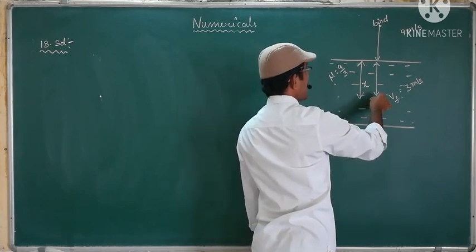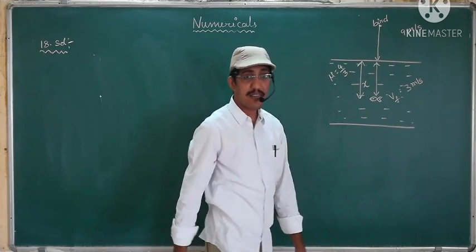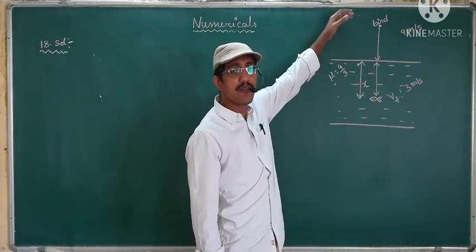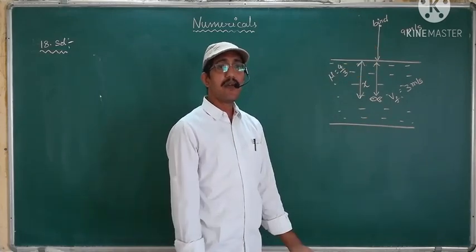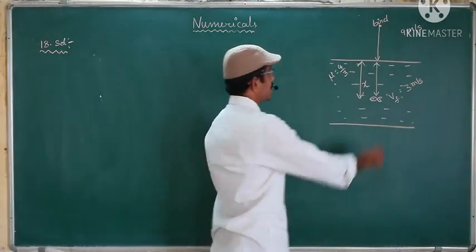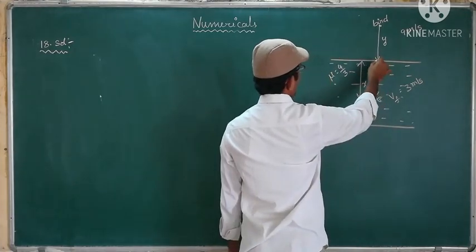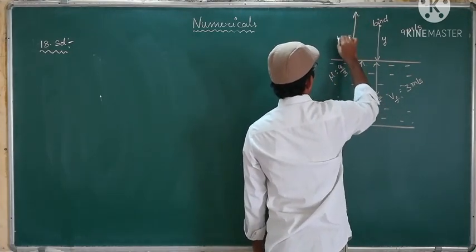So the distance between these two appears more than the real distance. Since the object is in the rarer medium and is viewed from the denser medium, the apparent distance or depth will be more than the real depth. So the bird is at a height of y from the water surface. It will look like mu y.